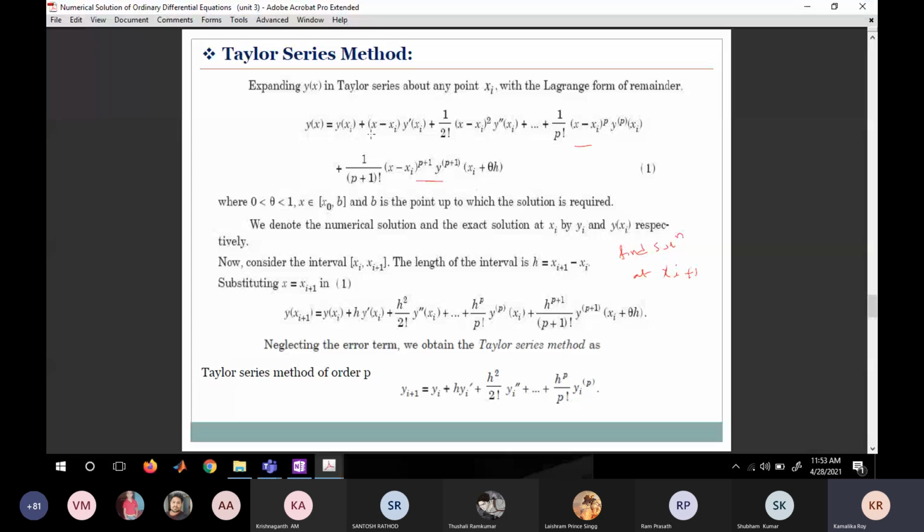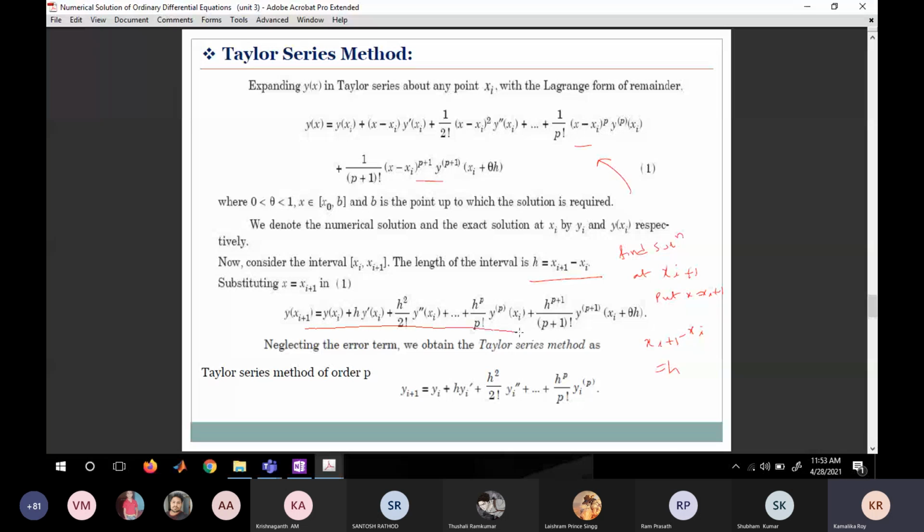So xi plus 1 minus xi is h, which is replaced here. So neglecting higher order terms, we can write it like this.